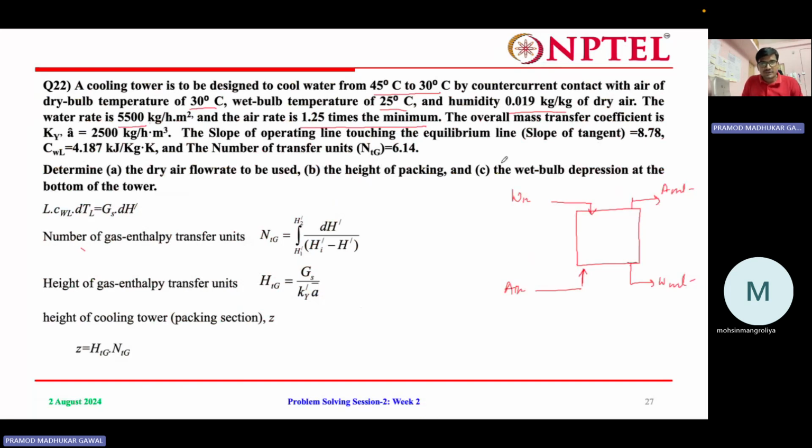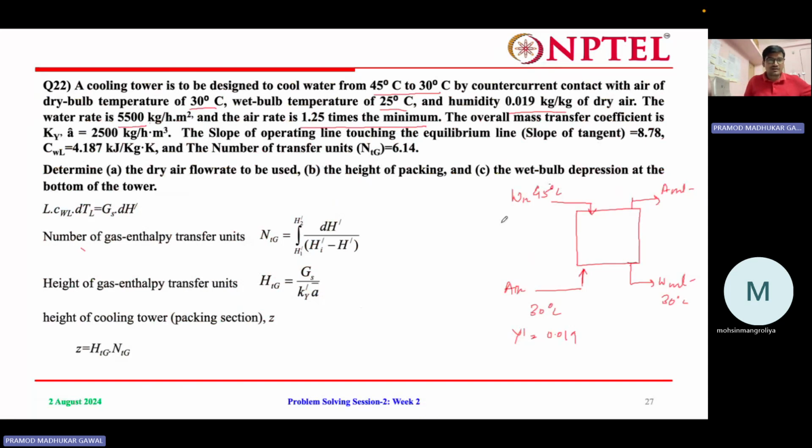The cooling tower is designed to cool water from an initial temperature of 45 degrees Celsius to a final temperature of 30 degrees Celsius. The air temperature TG is given as 30 degrees Celsius, and the absolute humidity Y is 0.019 kg of water per kg of dry air.